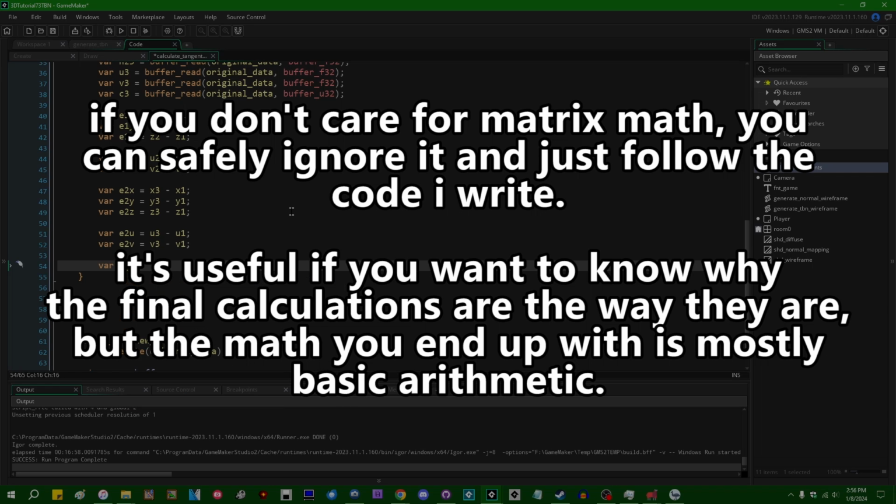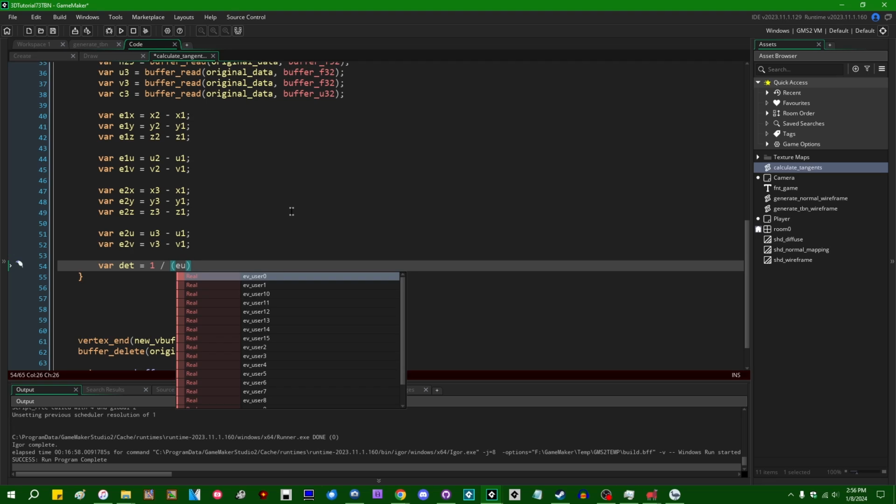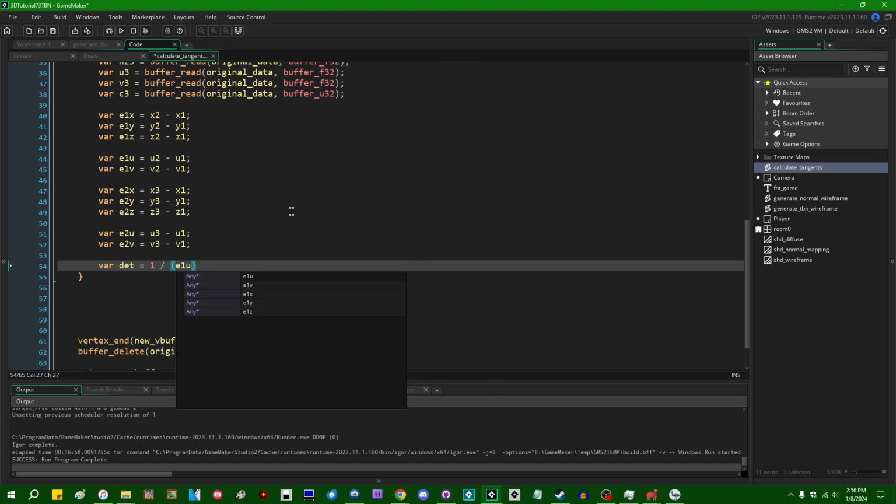I'm going to say var det is going to be equal to 1 divided by the quantity of e1u multiplied by e2v minus e1v multiplied by e2u.